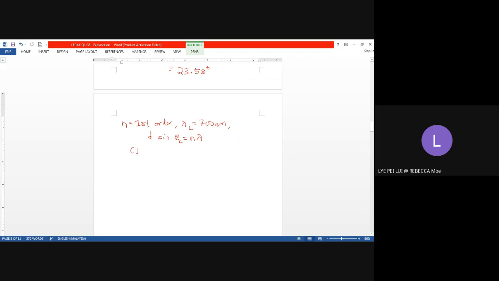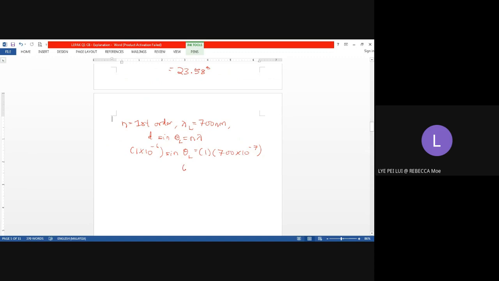Okay, so 1 exponent negative 6 sine theta equals 1 times 700 exponent negative 7.